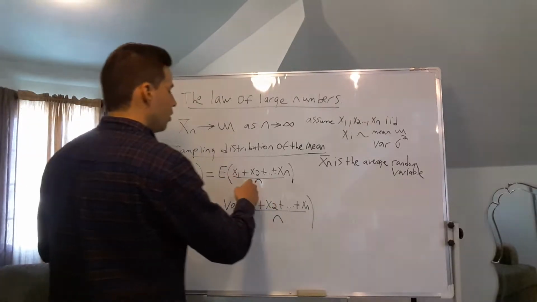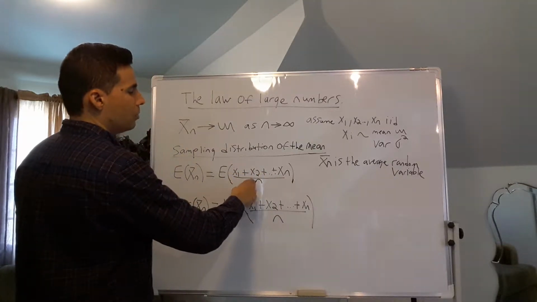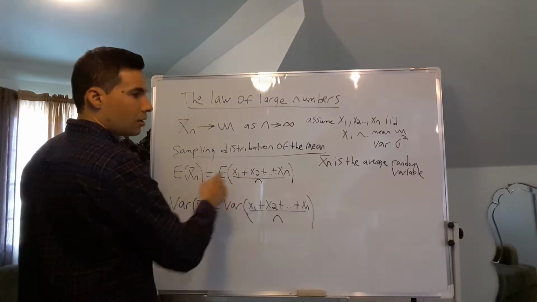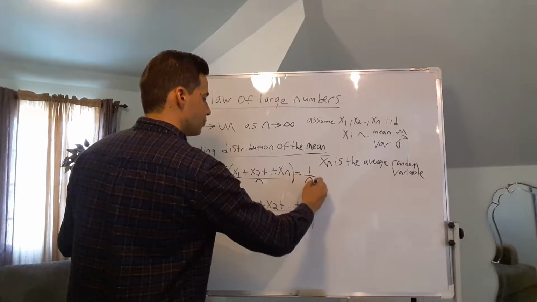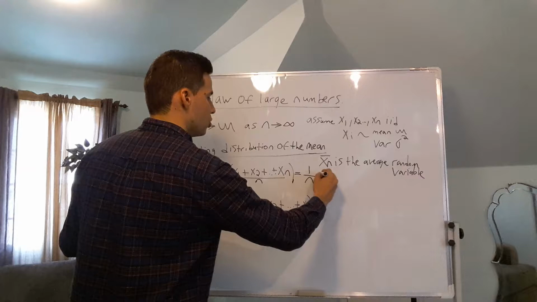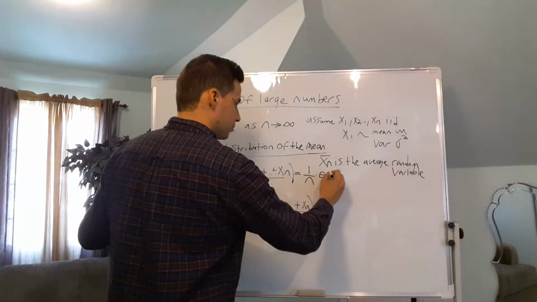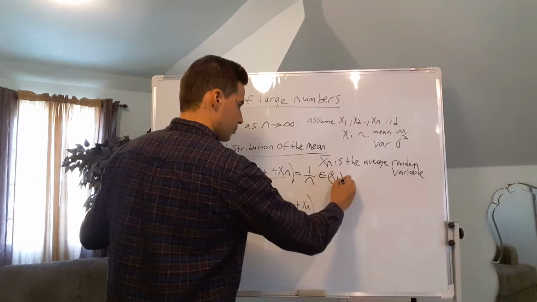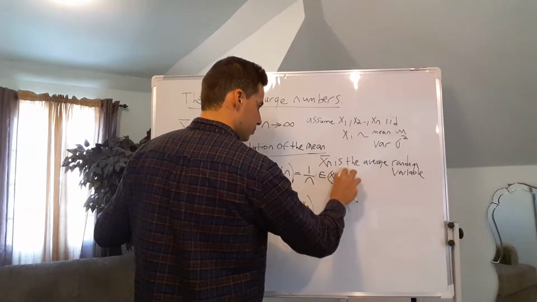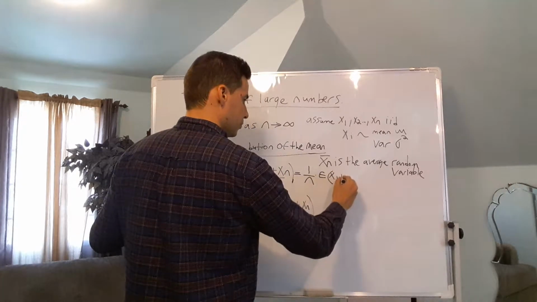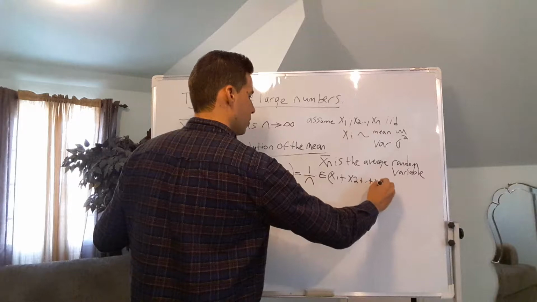So here we have 1 over n, which is a constant. We can pull that out as 1 over n times the expectation of this sum of the n random variables, X1 plus all the way down to Xn.